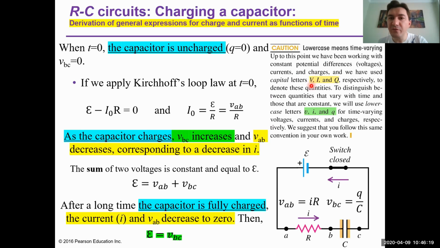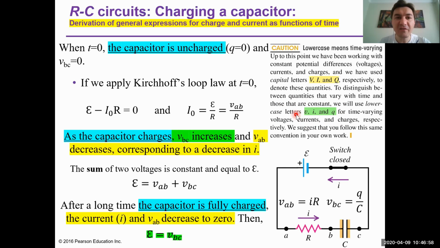If the voltage, current, and charges in the circuit do not change, we use capital letters. This is preferred in the book of Young and Freedman, okay? But whenever the voltage, current, and Q depend on time, so they are changing with time, we use lowercase letters, okay? So then we can understand that voltage, current, and Q are time dependent. So here we will also use that symbol if they are changing with time.